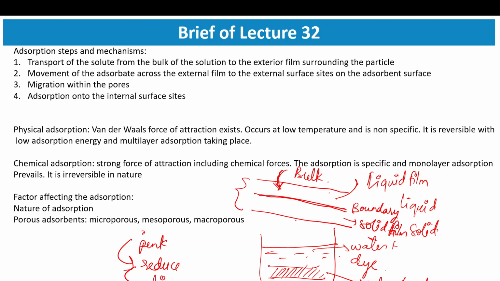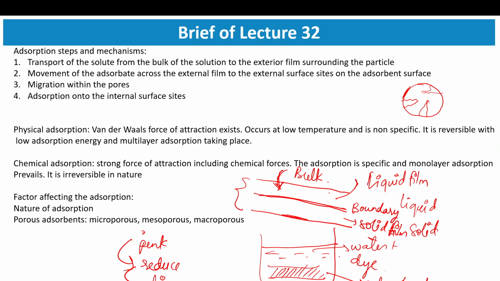Now next, once it has reached near the surface, there are some exterior sites. Let's say it has reached the solid surface, but this solid surface is, let's say, spherical, and this is the external surface, and after that it has some pores also, right? These are nothing but pores, and pores might have any random shape, right?